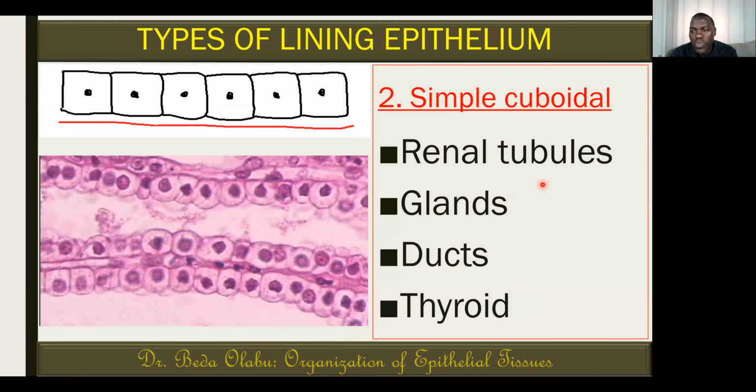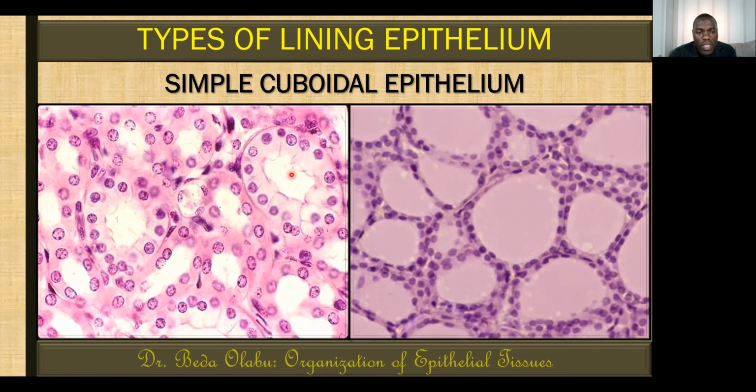So to keep it simple for you, simple cuboidal epithelium is in the renal tubules. These are more images of simple cuboidal epithelium. The one forming renal tubules, basically cut in cross section, the first image. On the second image, the one in the thyroid gland, simple cuboidal epithelium.